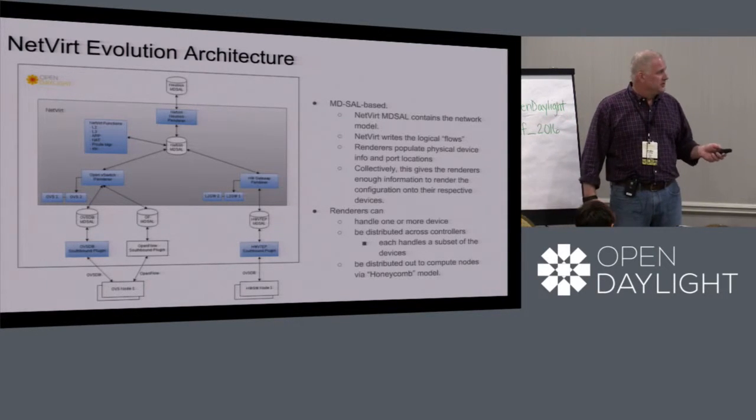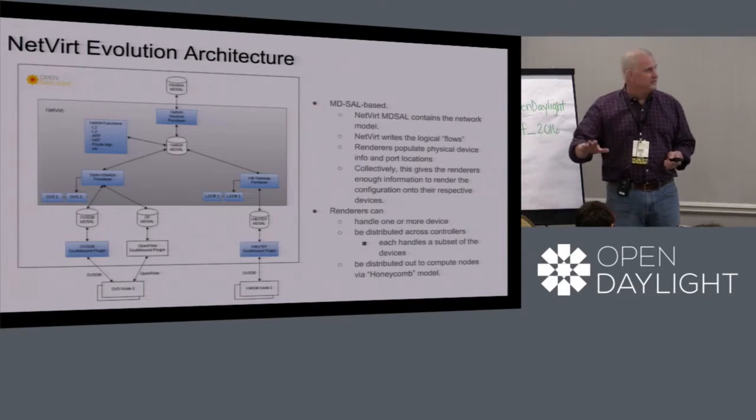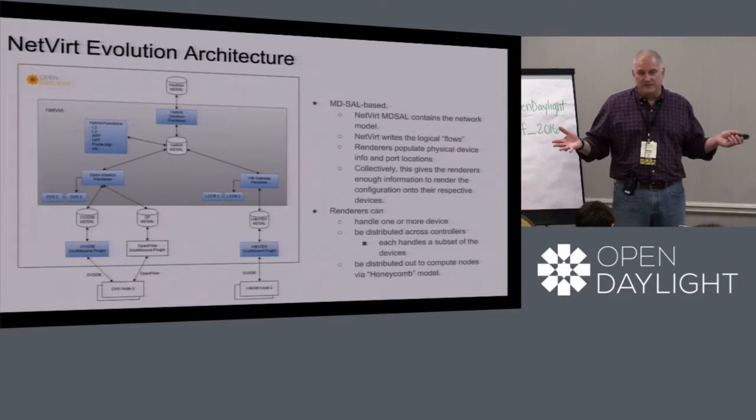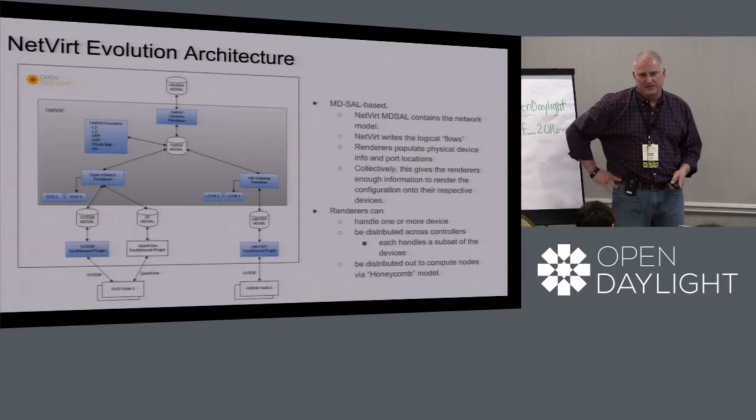And so the renderer would learn about it from its local device and write that into the network model. At that point, all of the different renderers would have enough information now to go and program their devices. So yeah, very much like OVN in that respect.